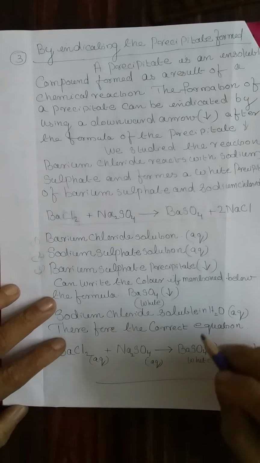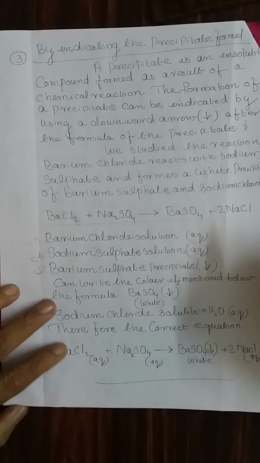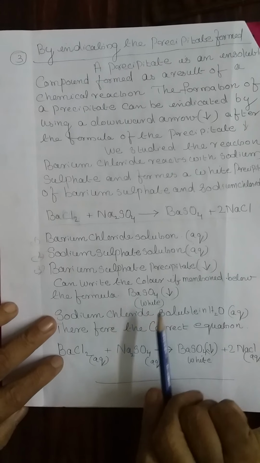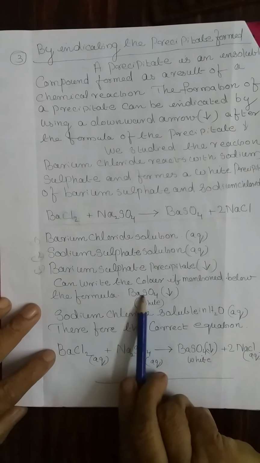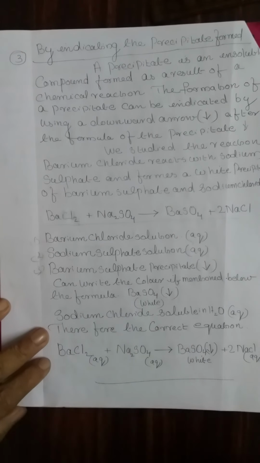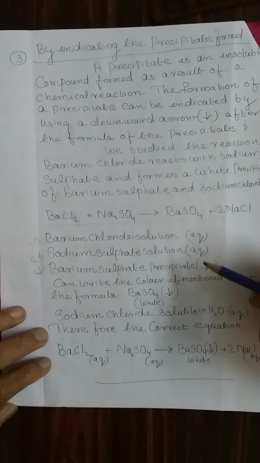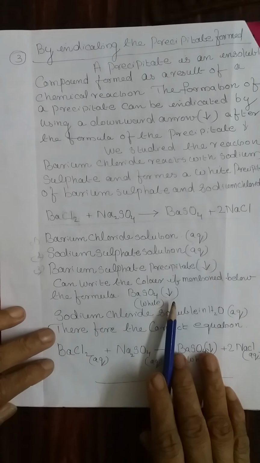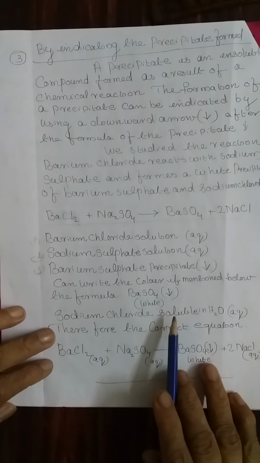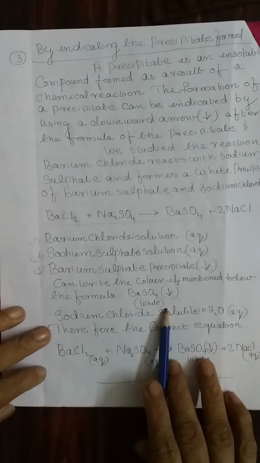Like that, if any color is mentioned for the precipitate, you should write the color also. Then only you will get full marks. For example, barium sulfate is a white colored substance, a white precipitate it is called. Therefore, for barium sulfate, you should write a downward arrow and write white.